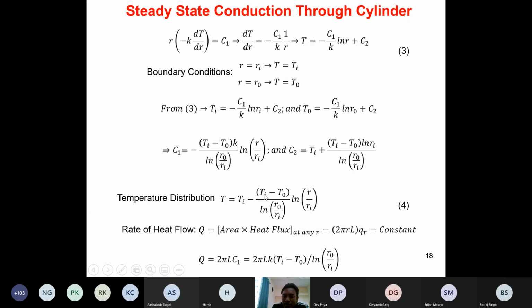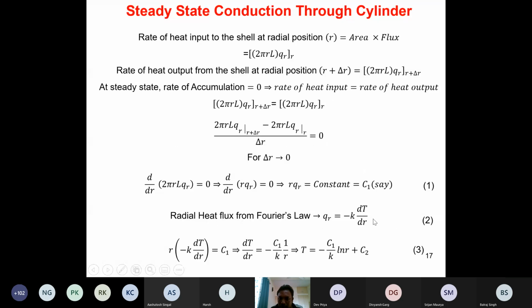So we can use equation number 1. In this equation, the Q can be obtained as 2 pi L C1. Remember, 2 pi r L qr is there, so r qr is nothing but C1, which is constant, as we have seen from equation number 1.